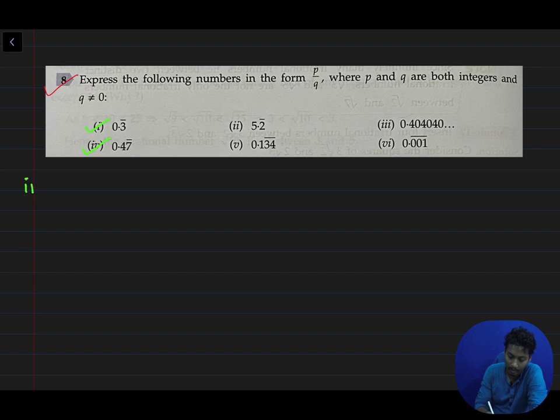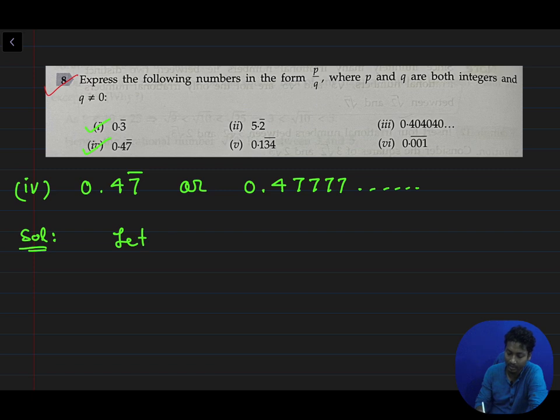So the fourth number, 0.47 with a bar on top of 7, or we can write it as 0.477777... Now let's name it as the first equation, let x equal to 0.4777... Now I told you something earlier, that don't take the non-repeating digit in this equation as the first equation.